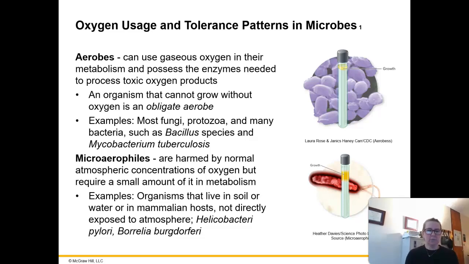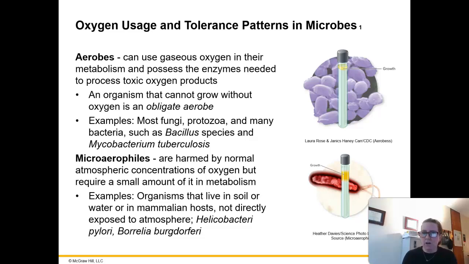Okay, so let's take a look at oxygen tolerances of our microorganisms. As you might imagine, some microbes really need lots of oxygen, and they require it. They're not going to grow without oxygen. Take a look at the test tube on the right-hand side at the top of this figure. That yellow halo at the top of the test tube is showing us the bacterial growth.